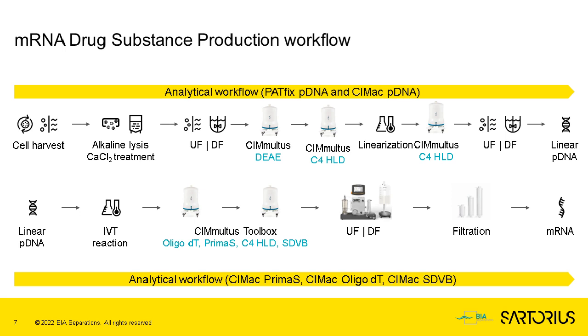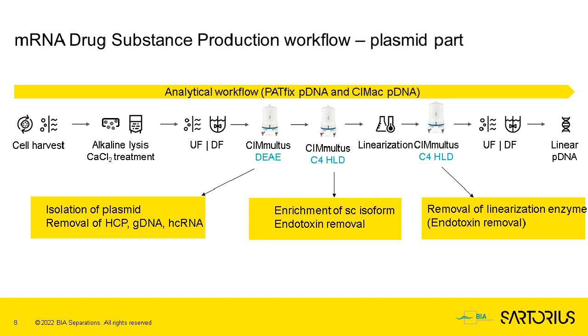As I said, the first component of every IVT reaction is the plasmid. So I would like to very briefly touch upon some of the critical aspects of the plasmid and in part respond to some questions that we often receive about what is the purity level that's required of the plasmid and how to meet the purity levels that are either stipulated internally by developers and producers of plasmid or by external bodies.